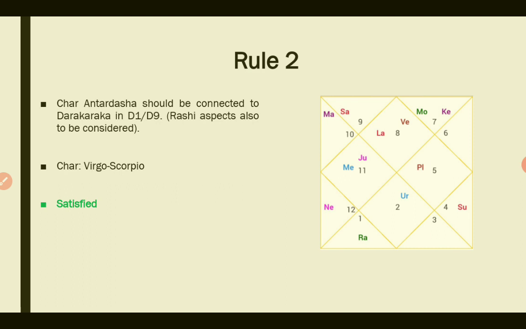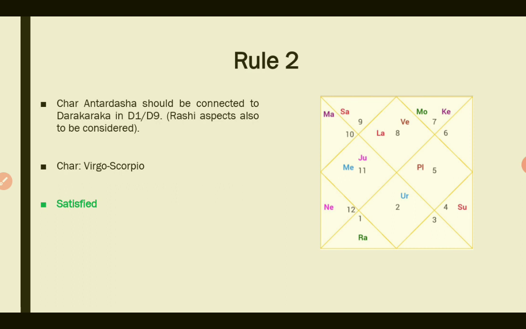But in the Jaimini system, we also need to use the Rashi aspects. From those Rashi aspects, we know that the sign of Scorpio aspects the sign of Aries. And hence Scorpio is directly connected to Aries, and Rahu, which is the Darakaraka, is placed in Aries. So they get connected by Rashi aspects. So again, this rule is also satisfied.